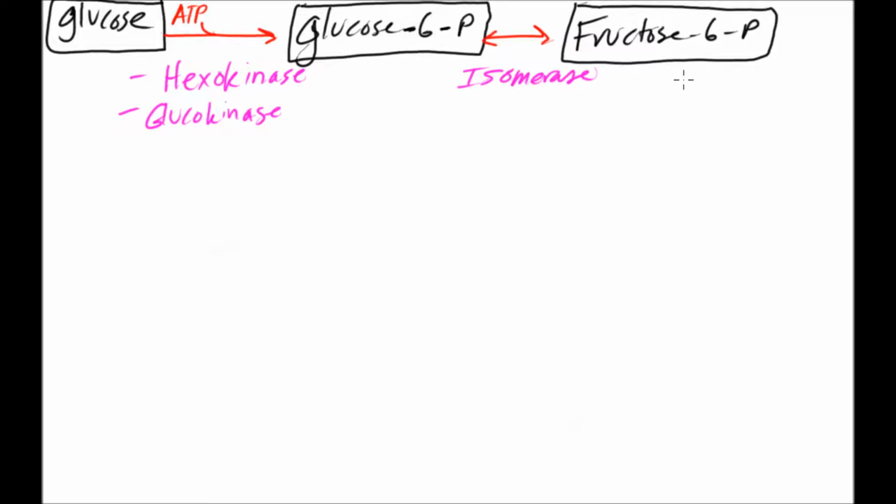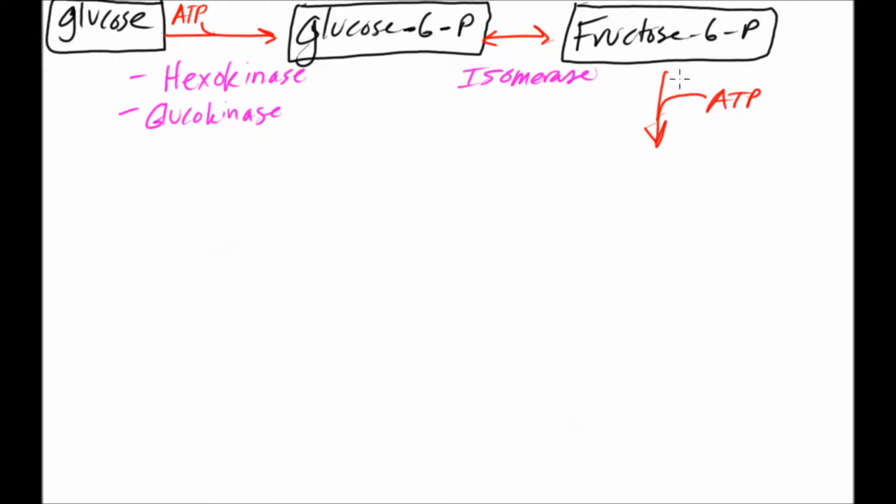So once we've changed it into a fructose 6-phosphate, we're going to have another important step here where we also invest another ATP molecule. So notice how these are one-sided arrows. We're going to use the ATP, and this reaction will only go in the forward direction since we're using an ATP.